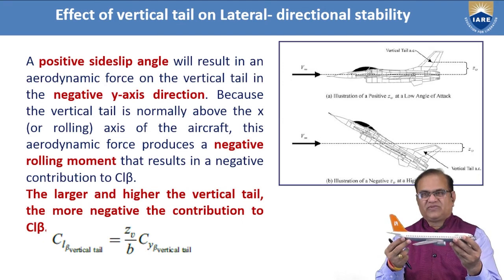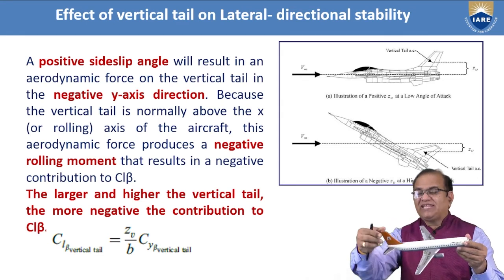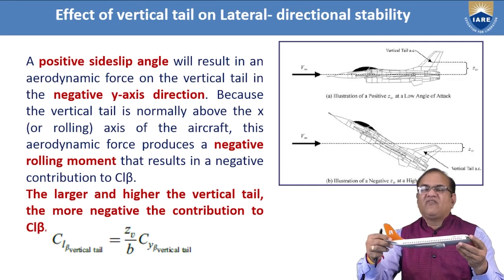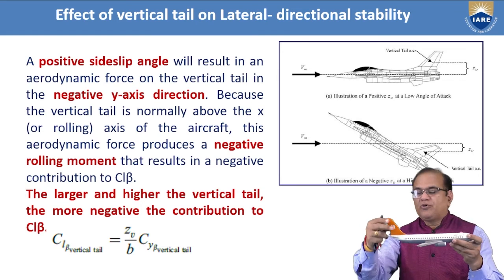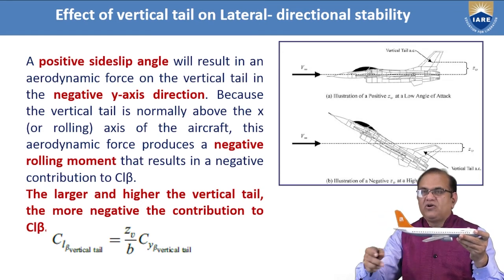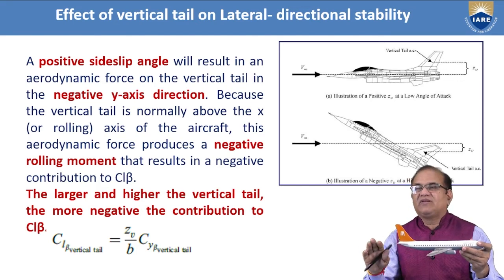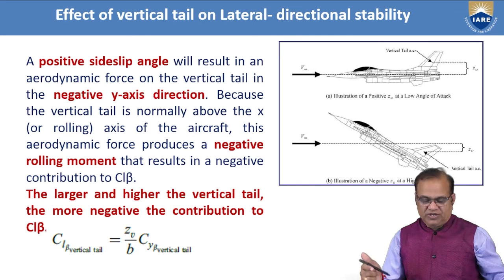That is the issue. If you roll like this, rolling will be further enhanced and CL beta will be positive. So putting your vertical tail below will achieve directional stability, but it will be further destabilized in rolling.